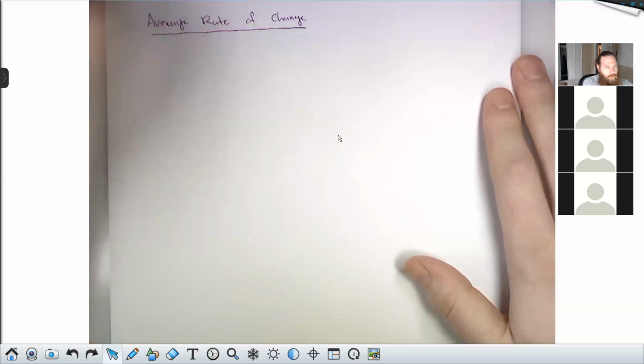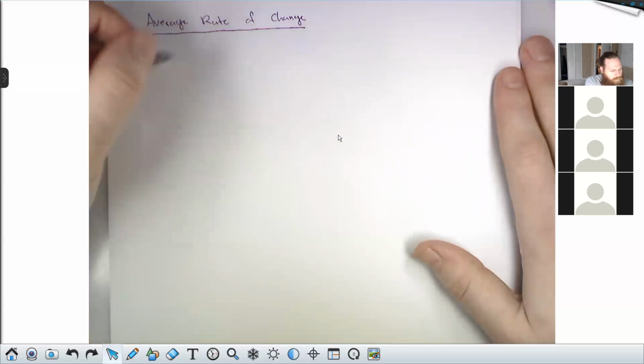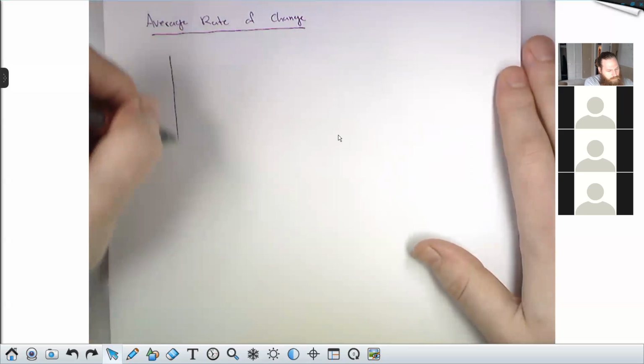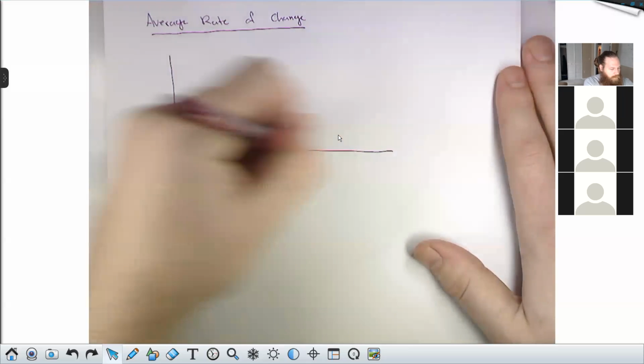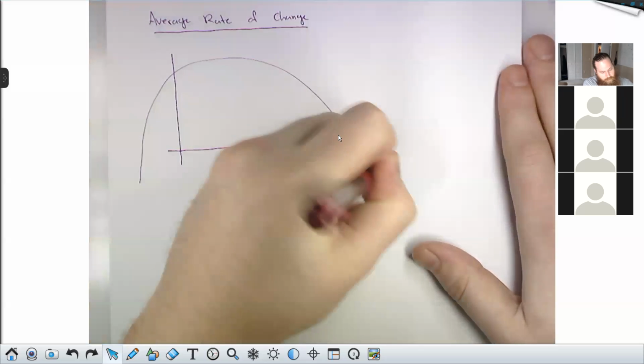Average rates of change were in homework 3, but we didn't get to them last week. That's why we're extending homework 3. Here's the idea. You have some function, f of x, not necessarily a linear function. Maybe its graph looks like this.